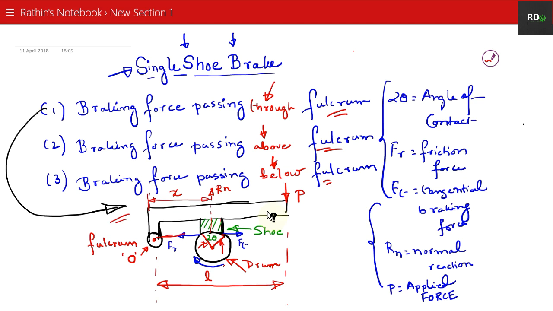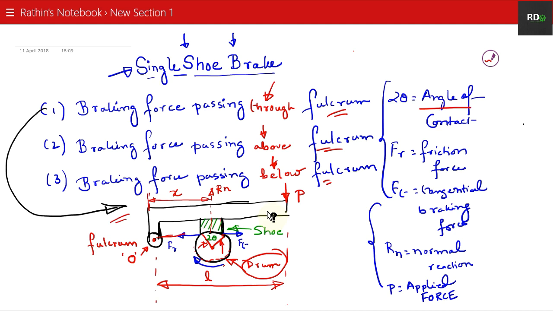We are applying an external force here. This entire thing is the brake drum. The point at which the movement will take place is the fulcrum. The green part is the brake shoe. Here we have taken this angle as theta.